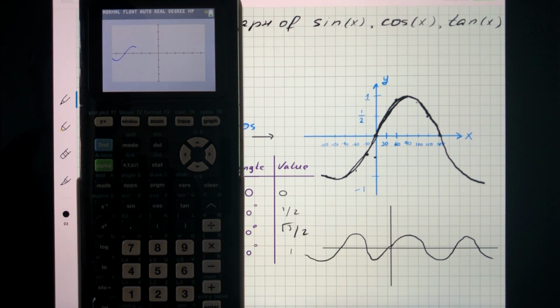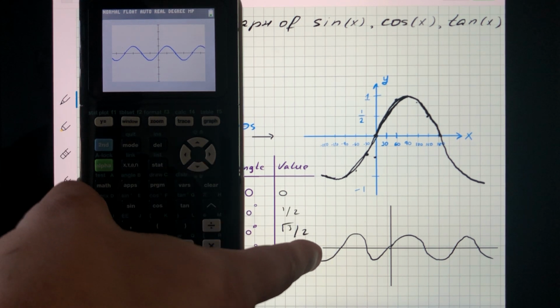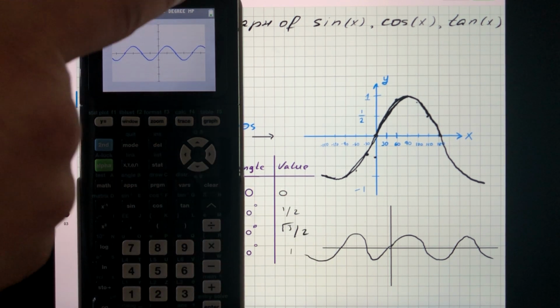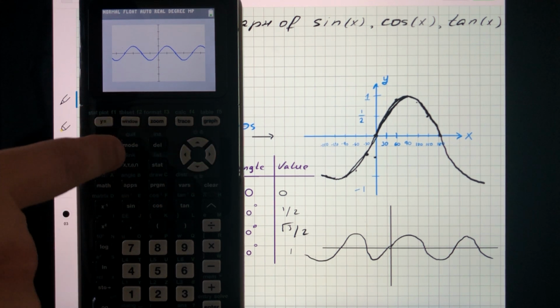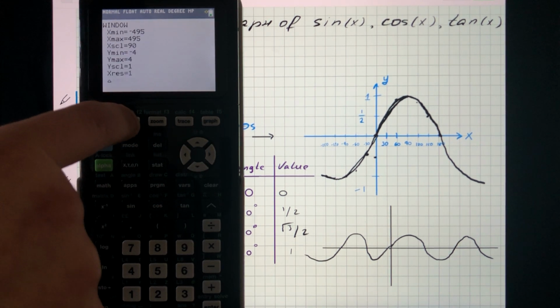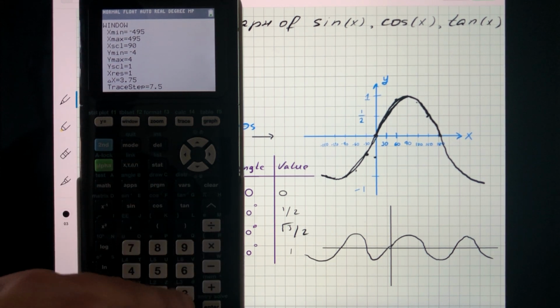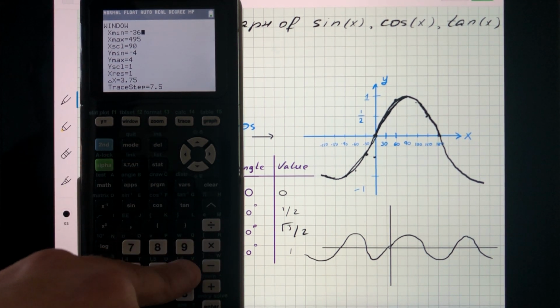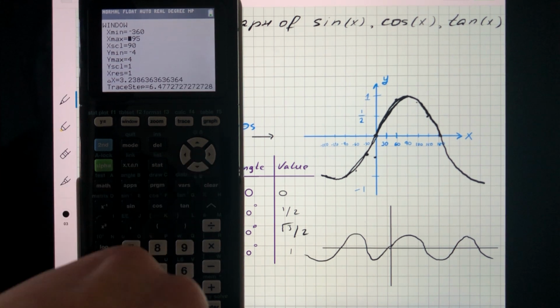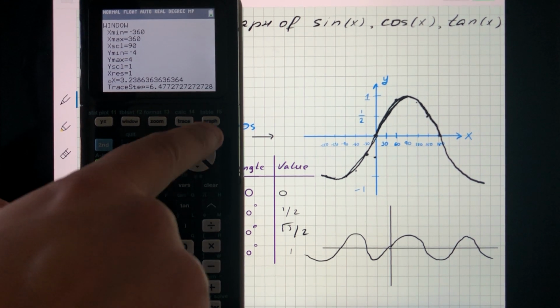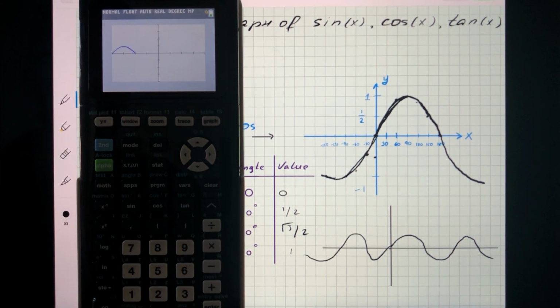So here is our sine function, and it looks pretty similar to this, much cleaner, but pretty similar. Now, if we wanted to restrict our window to from negative 360 to positive 360, so that we're only looking at one rotation around the circle, positive direction and negative direction, then here is the sine.